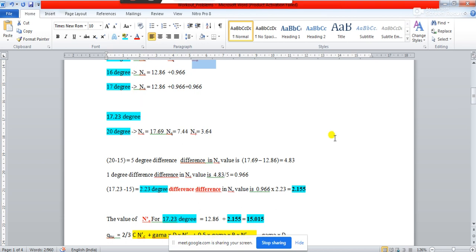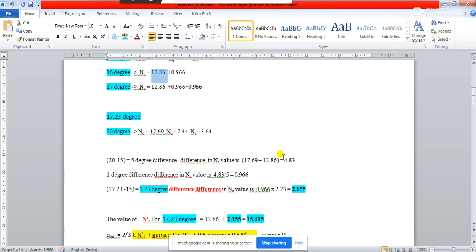Sir, please repeat once more. Which one do you want me to repeat? Sir, for 17.23, taking 15 and 20 degree, the interpolation that you are doing, please repeat that a little. See, the difference in angle is 5 degree. What is the difference? This value minus this value.